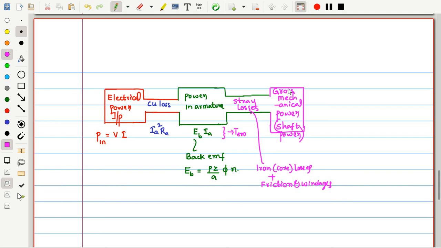Actually, this is the power output. Here also we may get some amount of torque, which I will tell you a little later. So these are the power stages in a motor.